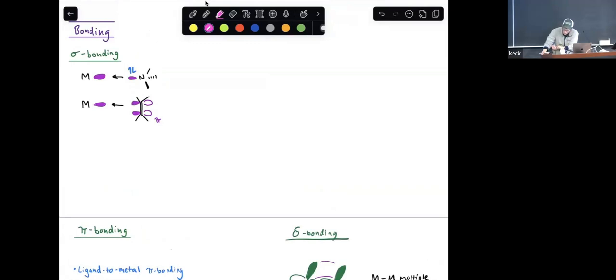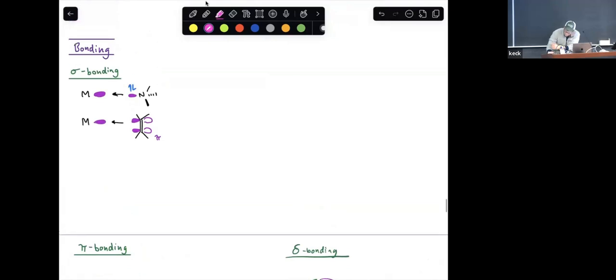And so in direct analogy, direct connection to main group bonding, we know that a sigma bond is going to be composed of two lobes of the same symmetry overlapping between one metal centered, one ligand centered.